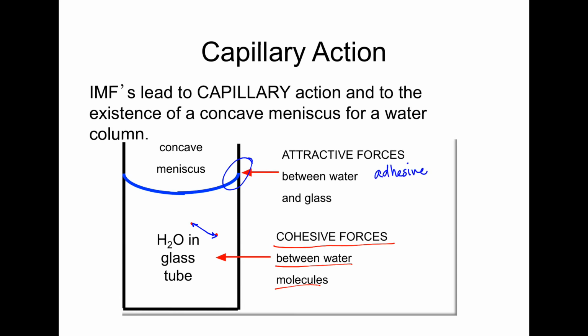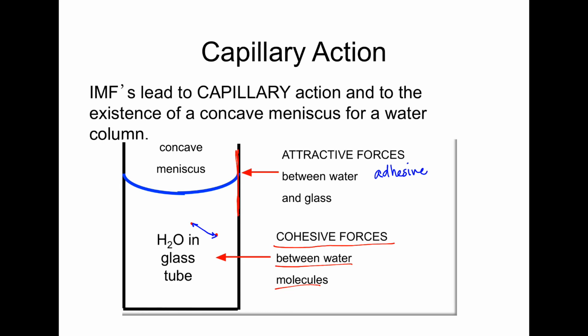The adhesive forces happen between the water molecules in this area and anywhere close to the glass. The adhesive forces are because of the intermolecular attractions between the polar water molecules and the polar glass molecules, the silicates that are part of the glass on the surface.